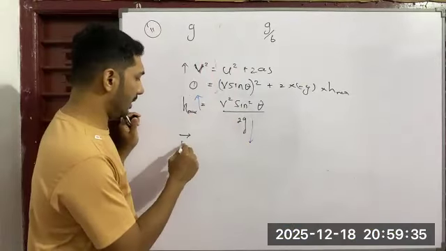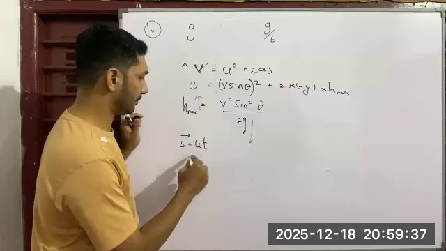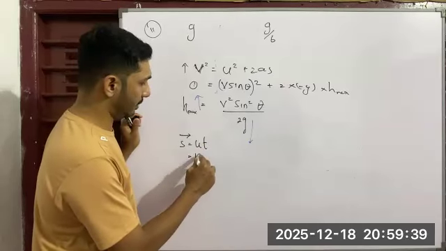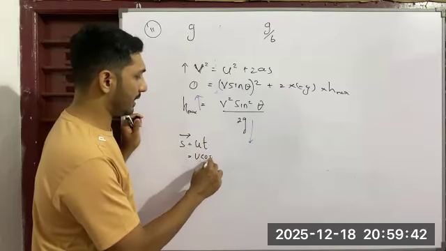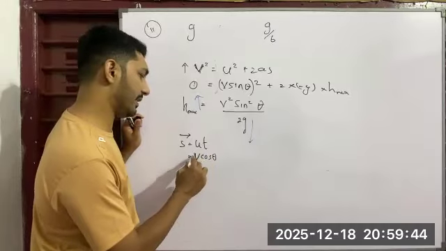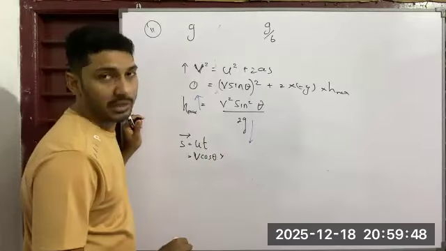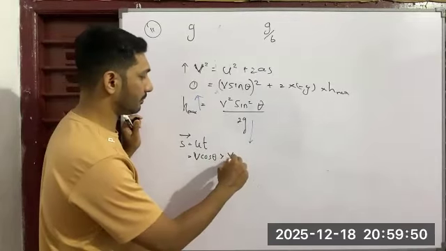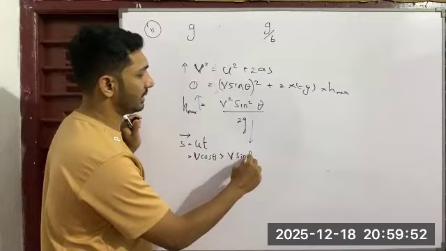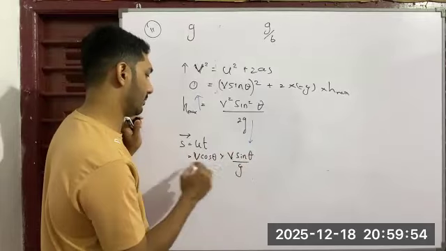Horizontally, use s equals ut. For u, what do you put? You put u cos theta, or v cos theta if it's the initial velocity, so v cos theta into time. For time, what do you put? v sin theta divided by g, right?